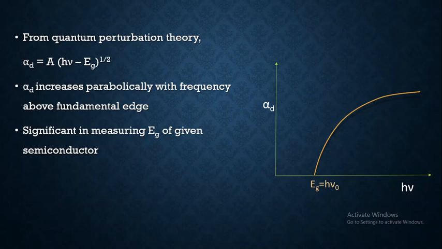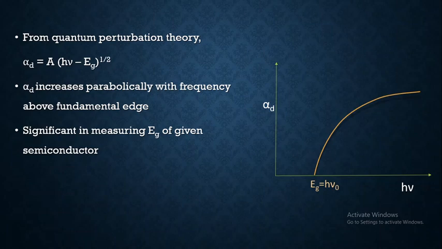By knowing the fundamental edge, we can measure the energy gap of a given semiconductor. We know that the energy gap of any semiconductor is a characteristic parameter of that semiconductor. If I just say the energy gap of a given semiconductor is 1.1 electron volt, then easily you can say that the semiconductor given is silicon.